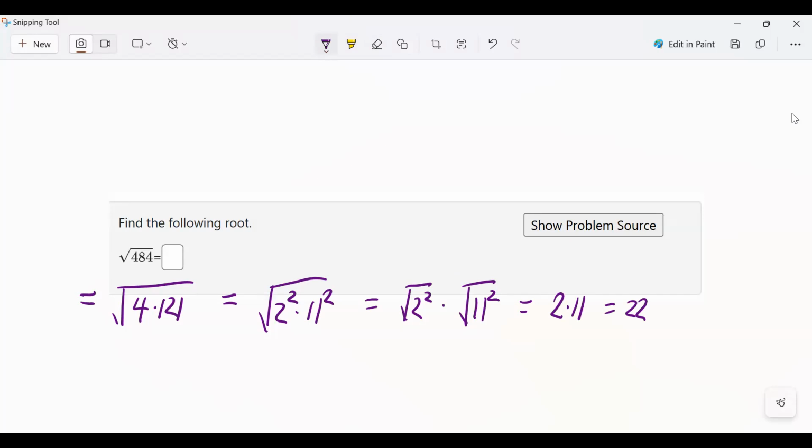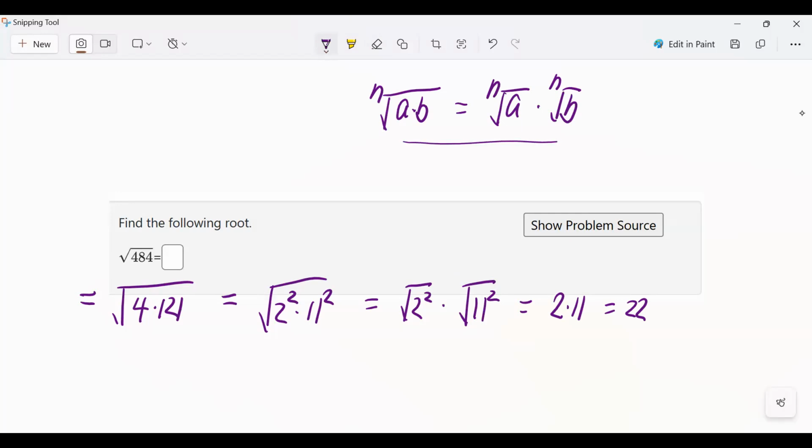Basically, when you have the nth root of A times B, you can split it up as the nth root of A times the nth root of B. This is something we can do, right?